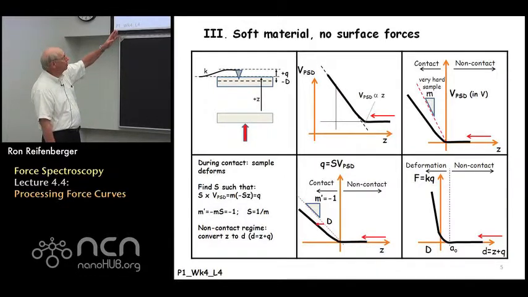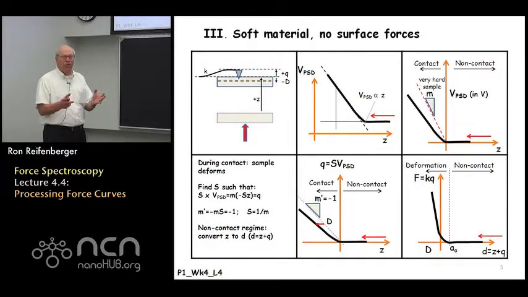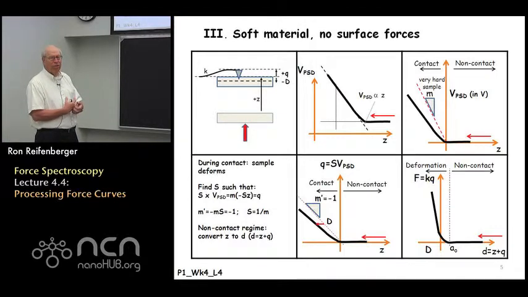So the typical curve for a very hard sample, I've indicated that in red by the dashed line. Usually that's obtained by inserting a very hard sample into the AFM, doing a displacement versus force curve, force versus displacement curve, right?